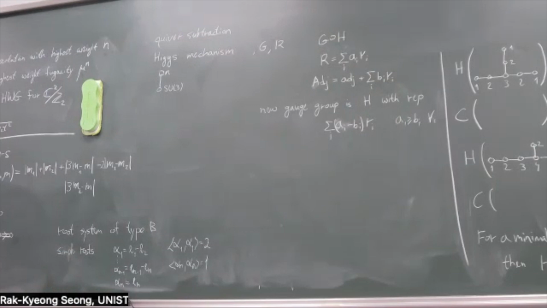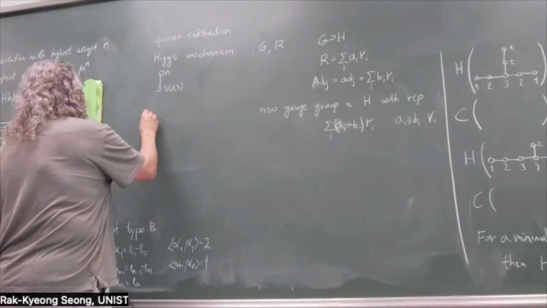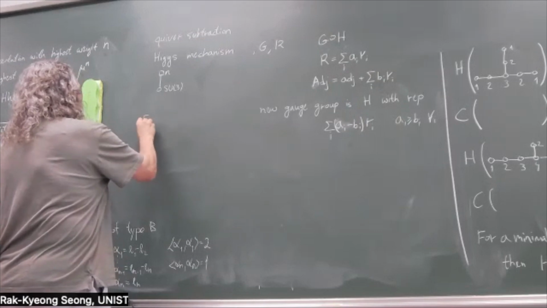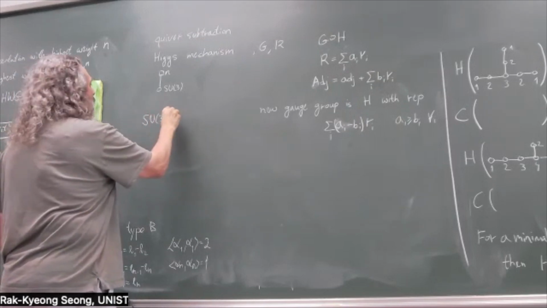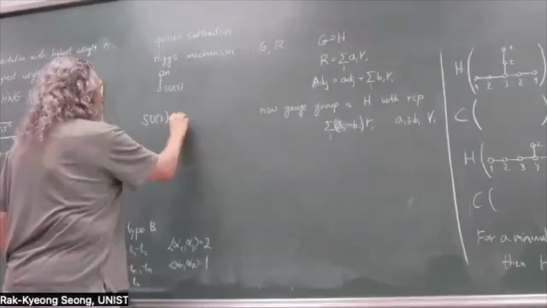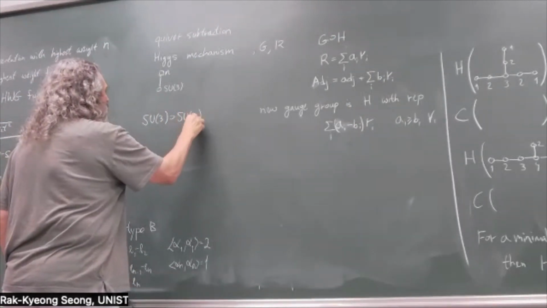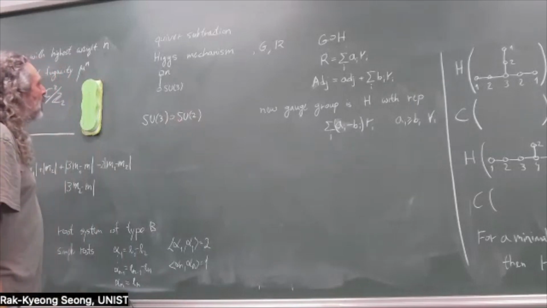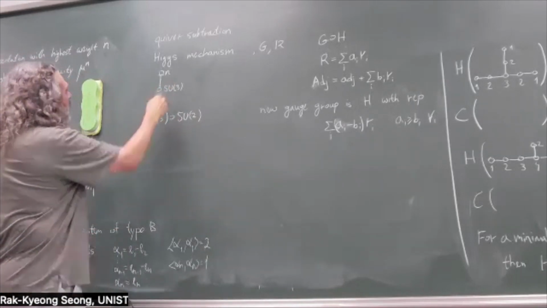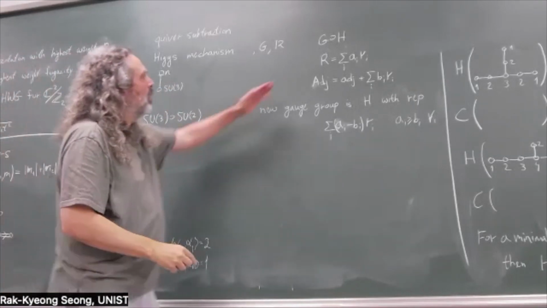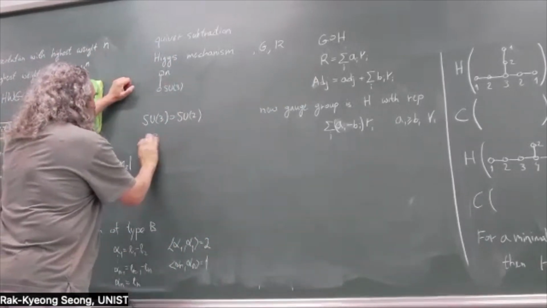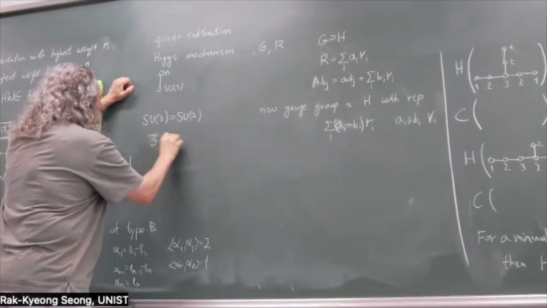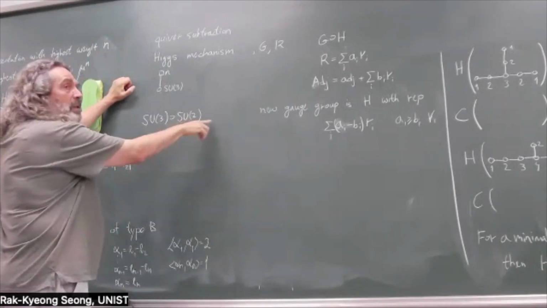Okay, so let's do a simple example. Let's take SU3, and let's suppose that it breaks to SU2. And now we need to check how the fundamental representation decomposes to the representation of SU2.